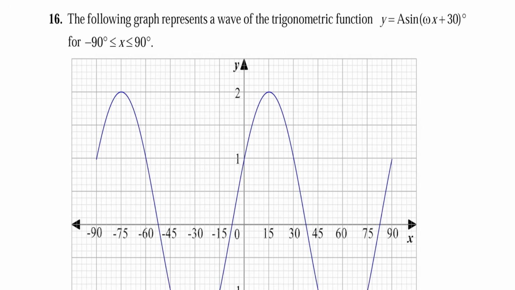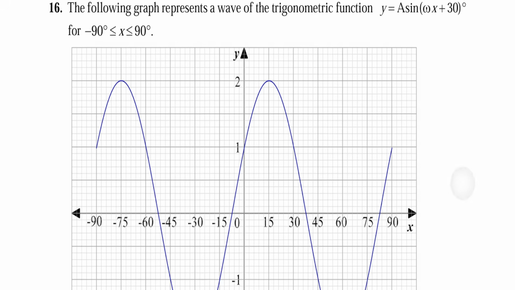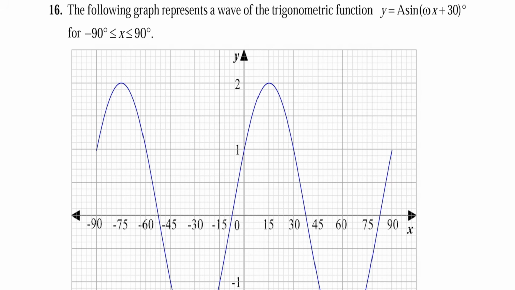Question 16. Question 16 asks: the following graph represents a wave of the trigonometric function y equal to a sine. This one, I don't know how to pronounce it. Is it theta? Is it w? I'm not sure because I'm not conversant with this symbol. But something like w or theta.